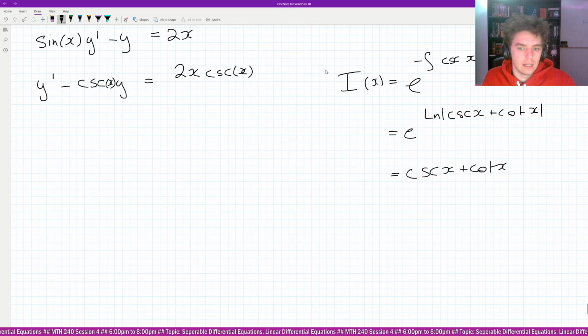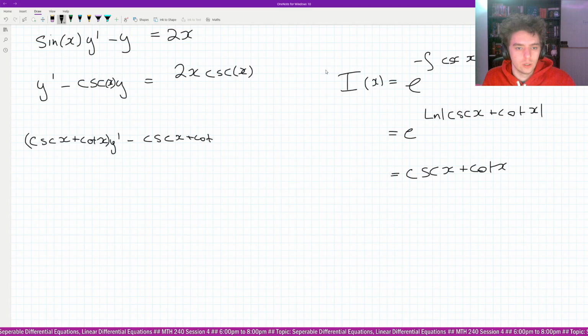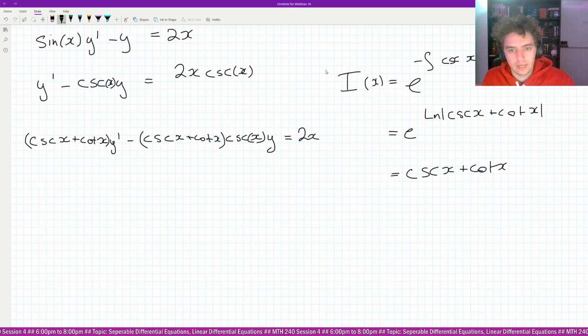We're going to get cosecant x plus cotan x times y prime minus cosecant x plus cotan x times cosecant x y equals 2x cosecant x times, I'm running out of space, I'll write on the next line, times cosecant x plus cotan x, right?